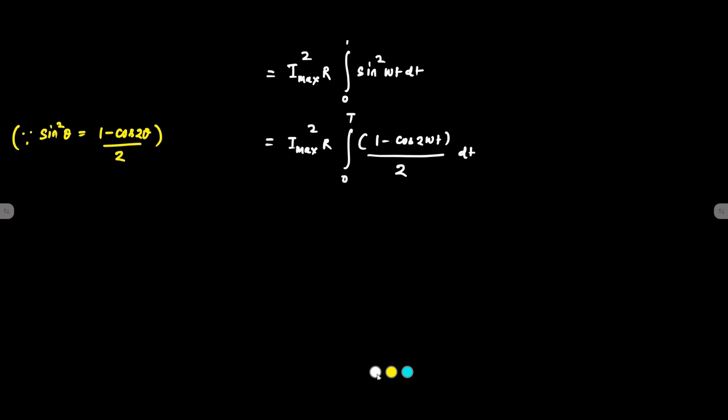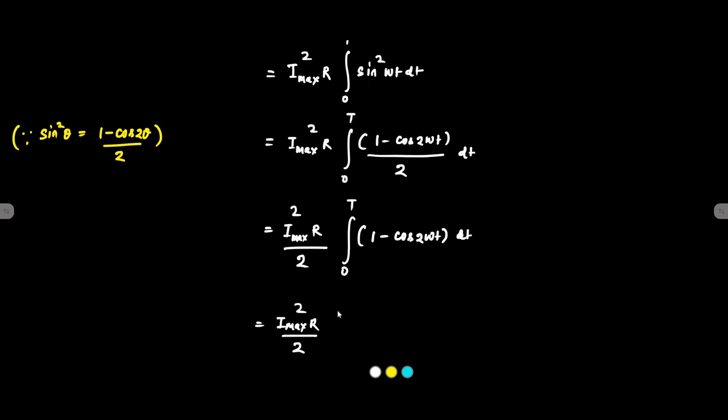So it becomes I max square R by 2, taking it outside the integration, 0 to T of 1 minus cos 2 omega t dt, which is equal to I max square R by 2 into integration of 0 to T dt minus integration from 0 to T cos 2 omega t dt.